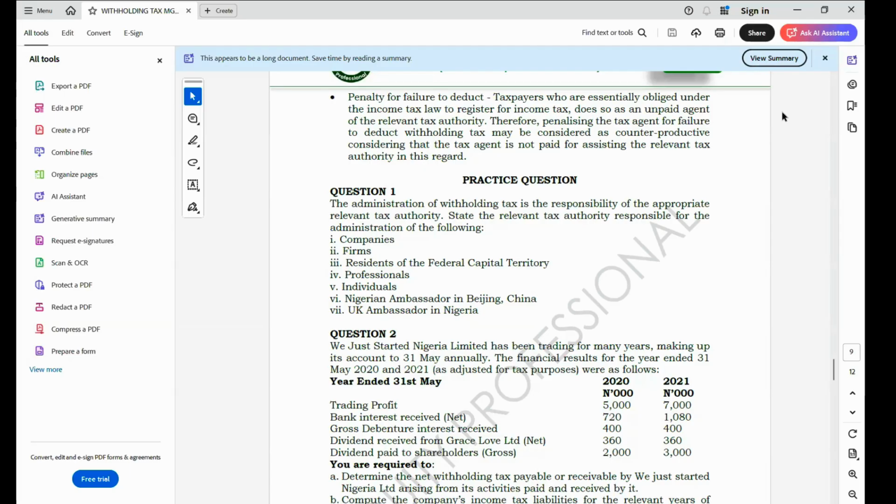Then when the oil company wants to pay you your money, they are to deduct withholding tax. VAT is supposed to be charged by you, not by the oil and gas company. So my question now is, why is your own company not charging it?